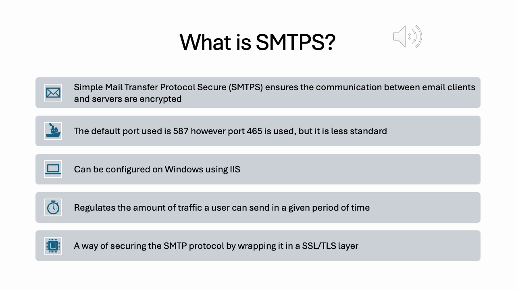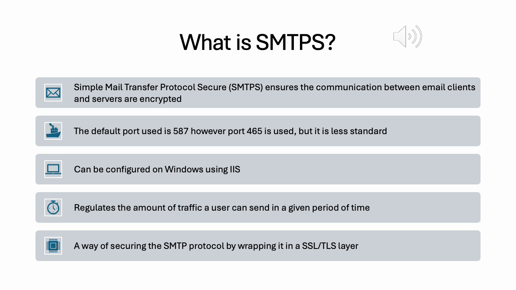Just like POP3S, SMTPS encrypts communication between email clients and mail servers, ensuring that messages cannot be intercepted by unauthorized parties. The default port for SMTPS is 587, although port 465 is sometimes used as well.